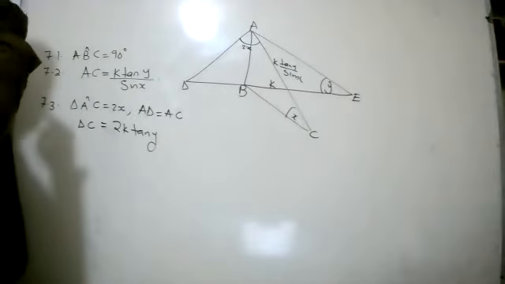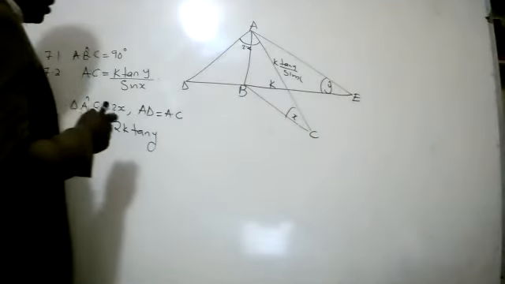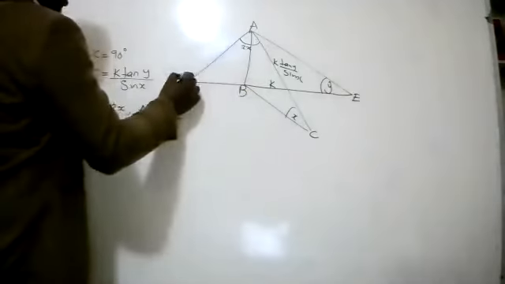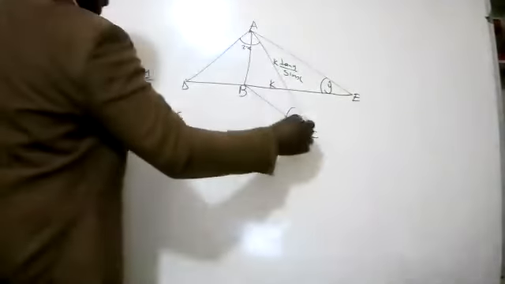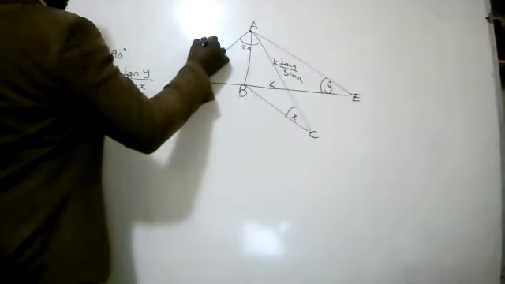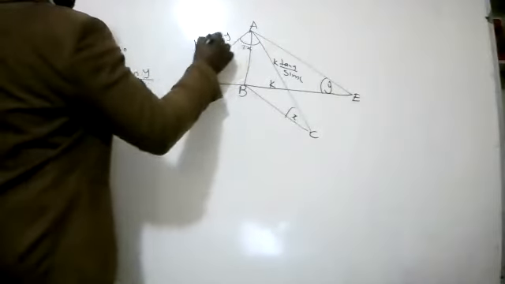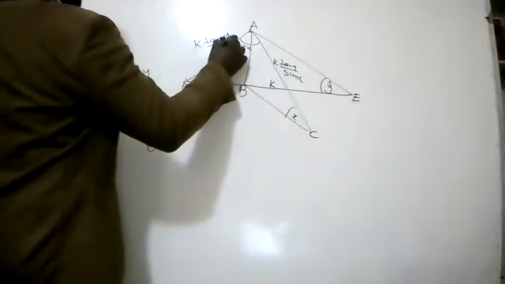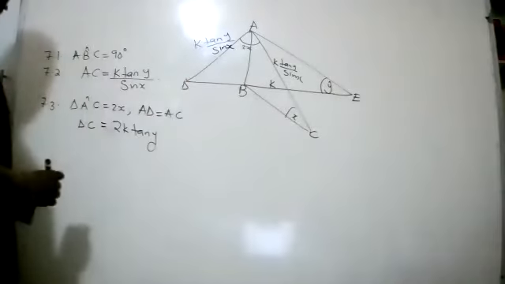And we are also given that the distance AD is the same as the distance AC. So therefore, even this side, we are going to have K tan of Y divided by sine of X.